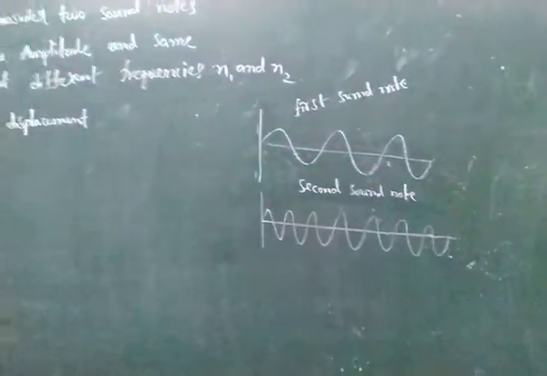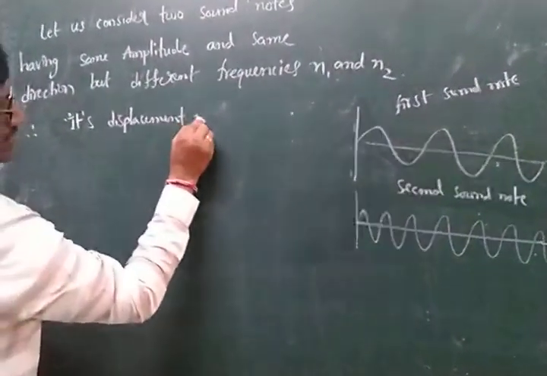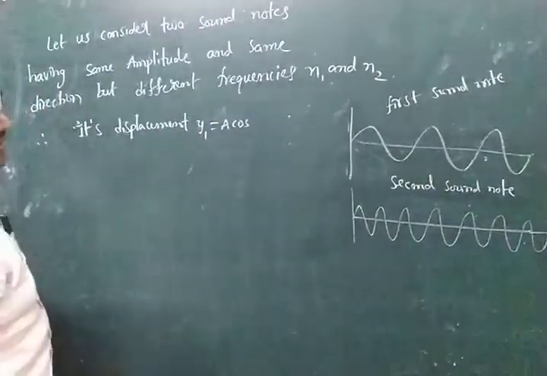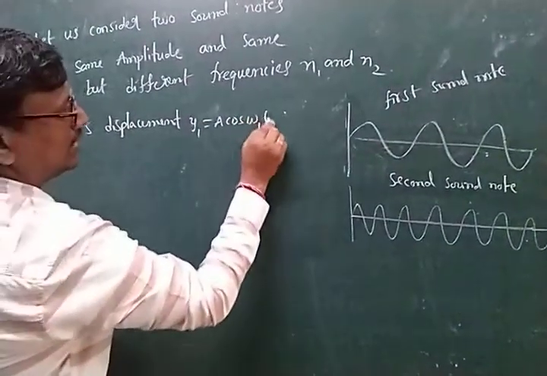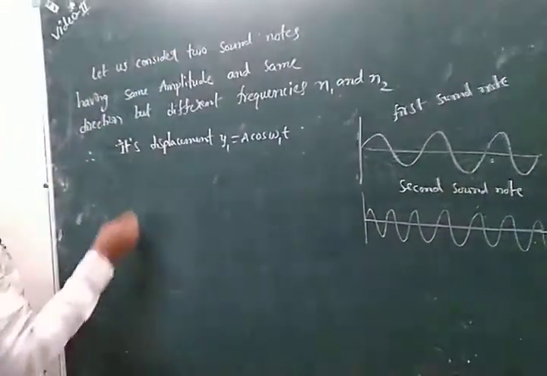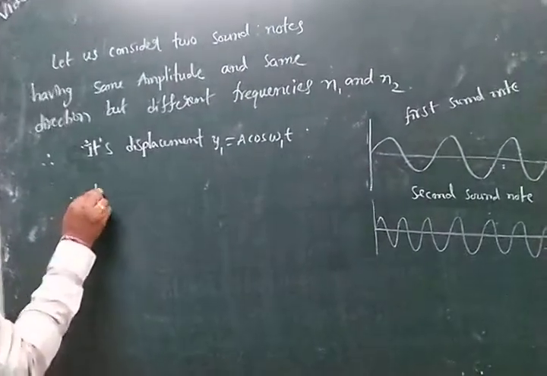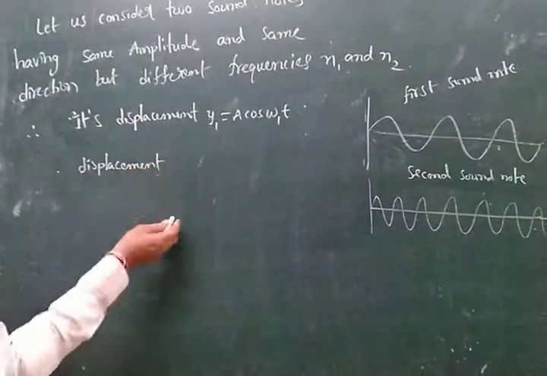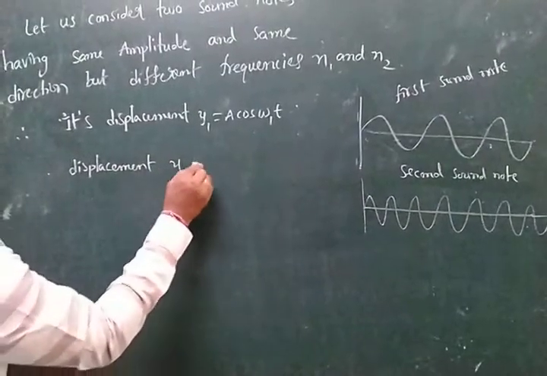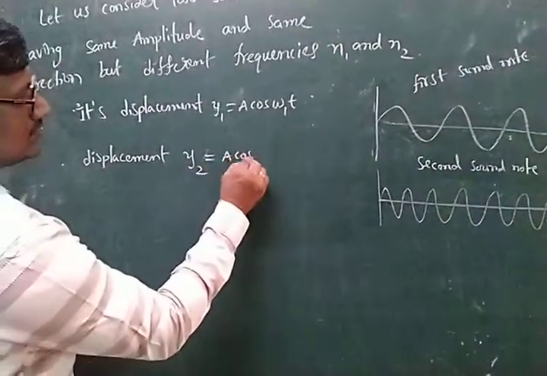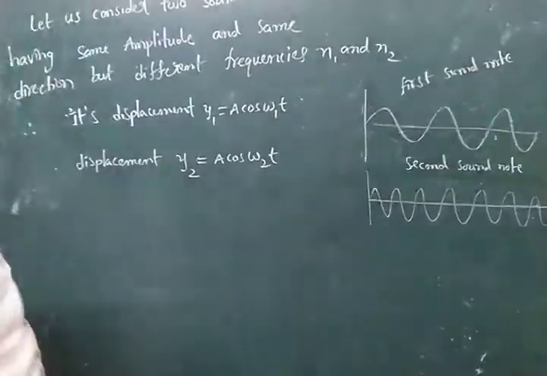Now the displacement of the first sound note, you can say y1 is equal to a cos omega 1 into t. This is the displacement of the first sound note, and therefore the displacement of the second sound note, that is y2 is equal to a cos omega 2 into t.